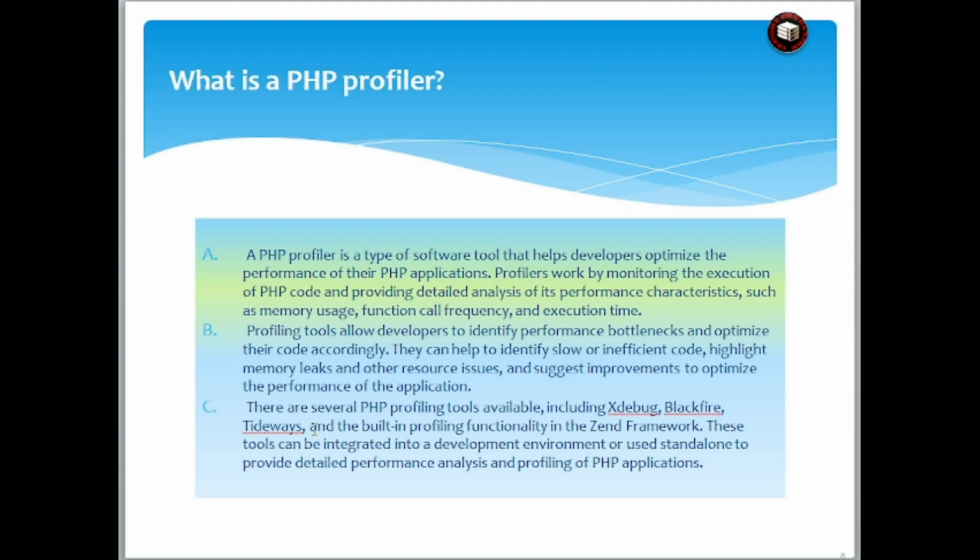Profiling tools allow developers to identify performance bottlenecks and optimize their code accordingly. They can help to identify slow or inefficient code, highlight memory leaks and other resource issues, and suggest improvements to optimize the performance of the application.